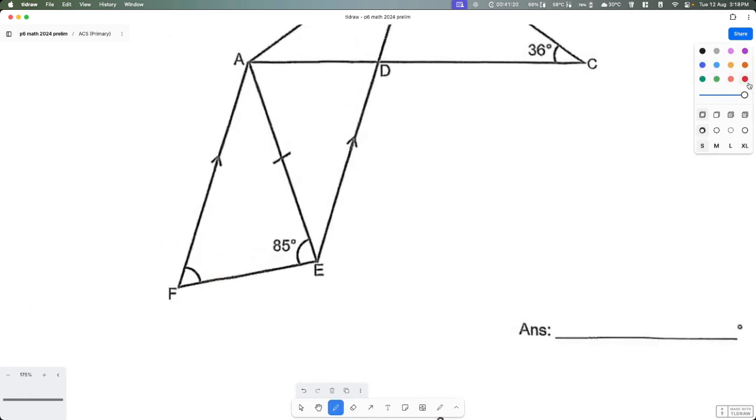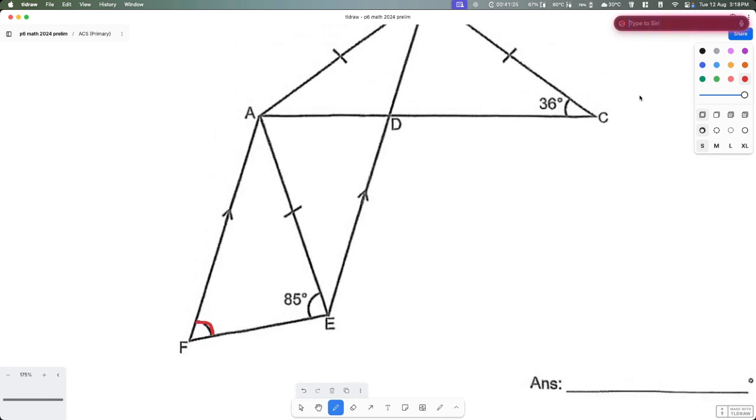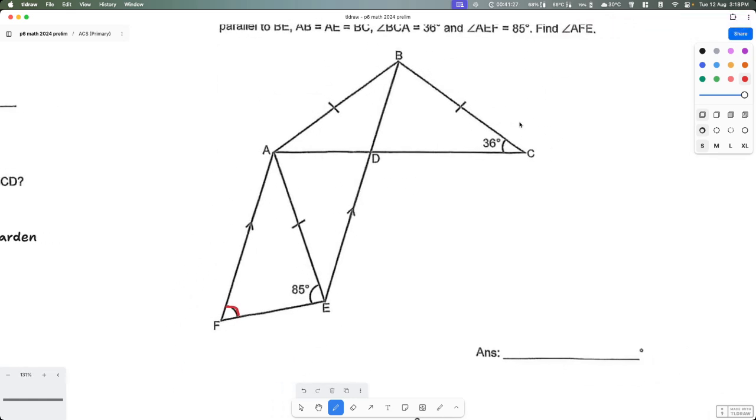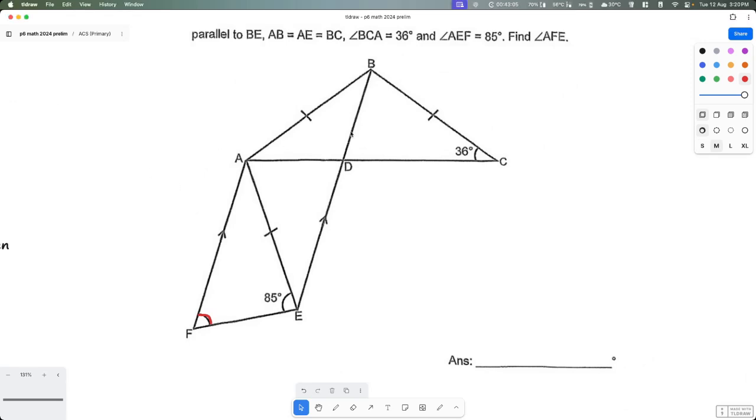I'm going to draw it in red so it's easier to see. Let's see what we can do first. We know these two triangles are basically the same, both isosceles triangles, so I'm going to draw another one in purple. So there are certain angles that are the same as well.